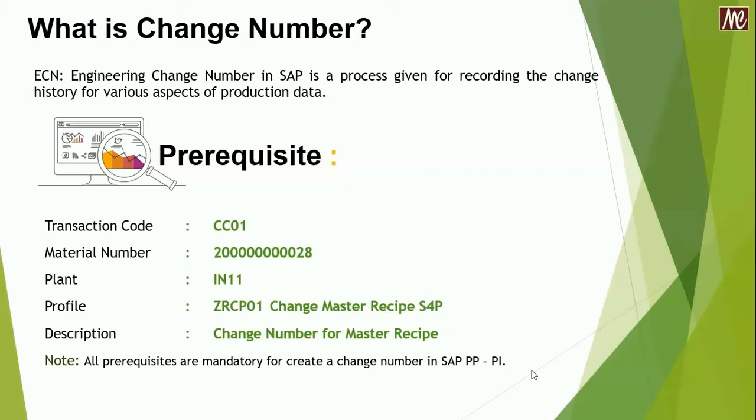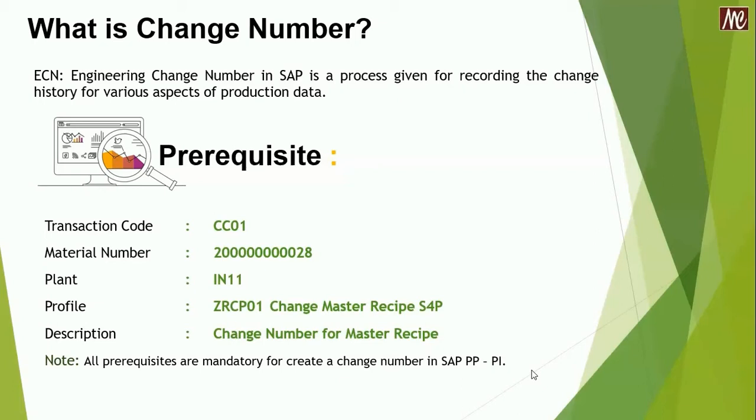If anyone prefers the GUI platform, then they have to use the transaction code CC01. However, Fiori users do not need to remember the transaction code. If they want to, they can, but it is not mandatory for them.